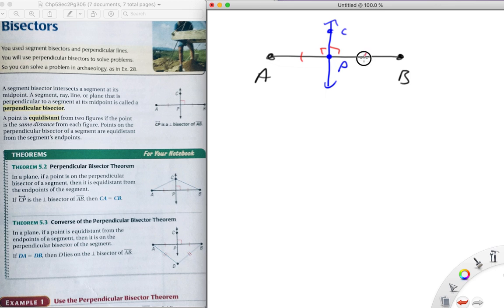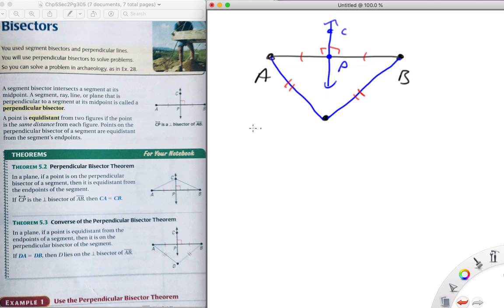It cuts it in half. I have some other point, and the book calls it point D, such that when I connect the endpoints to it, the segments are congruent to each other. But I'm not sure quite yet if it lies on the perpendicular bisector, because the line doesn't extend out.